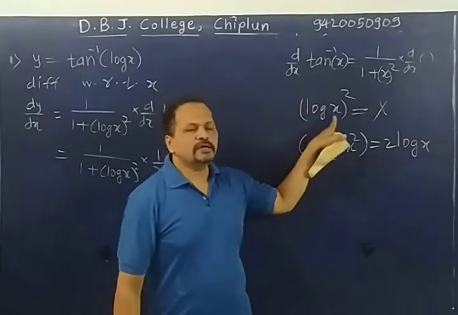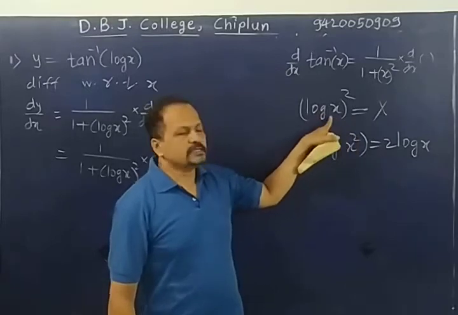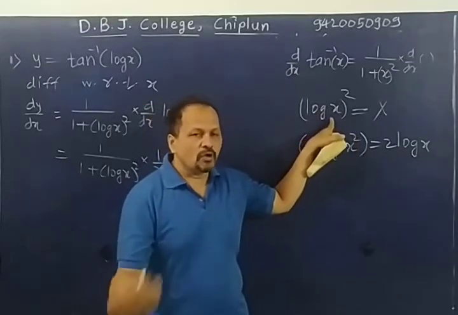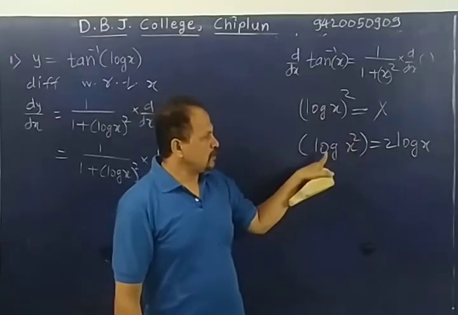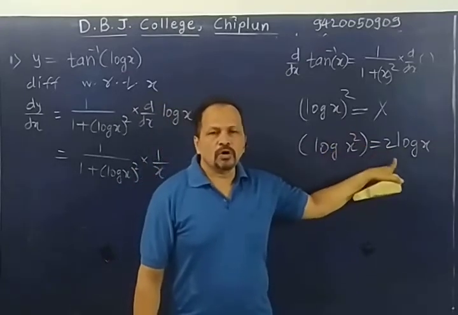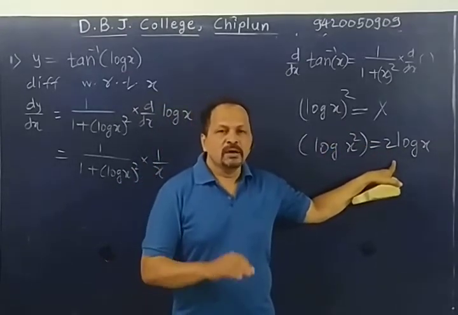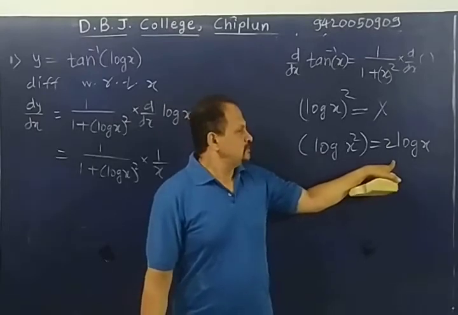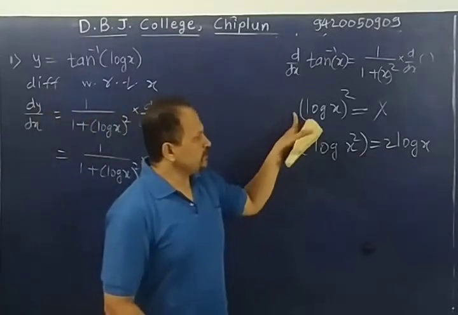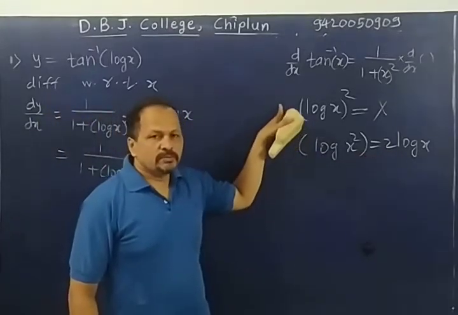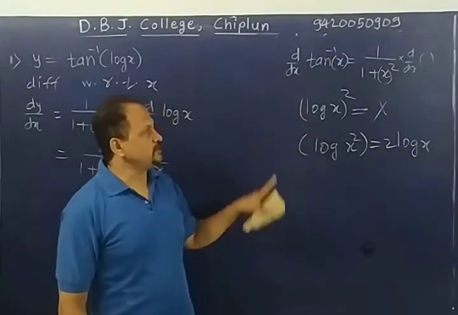This is your final answer. (Log x) bracket square means log x into log x, and log of x square means 2 log x, that is log x plus log x. So remember this. This is a common mistake done in the examination.